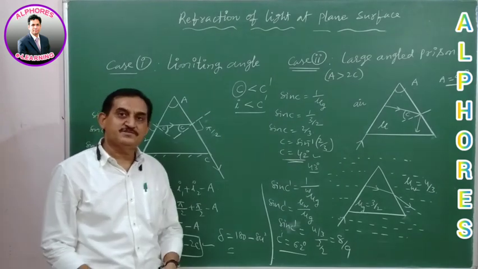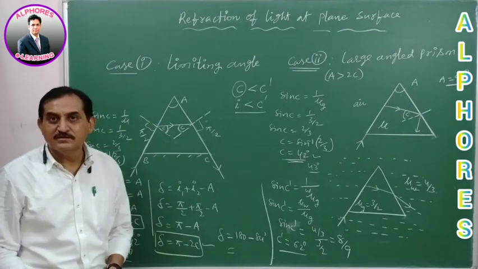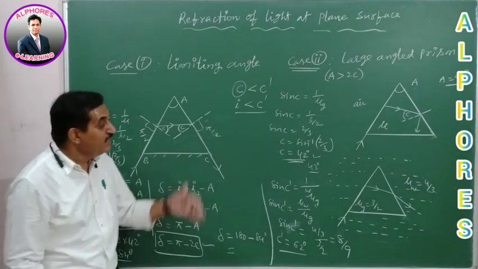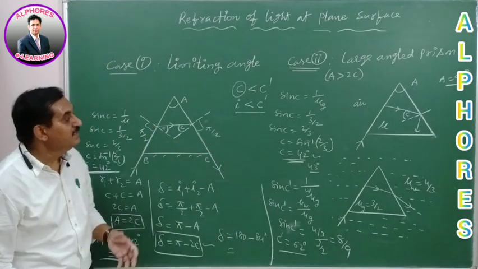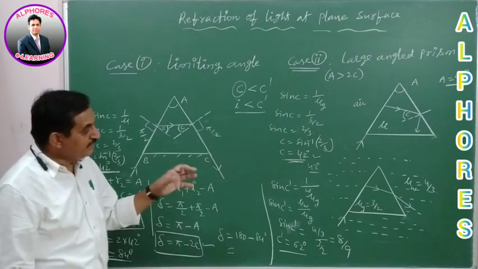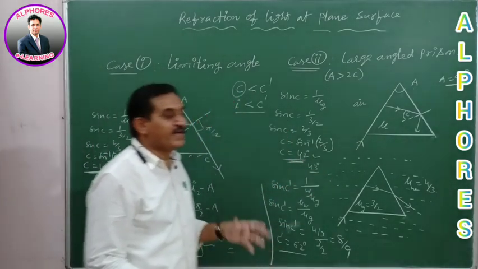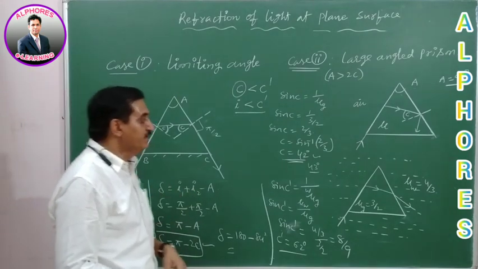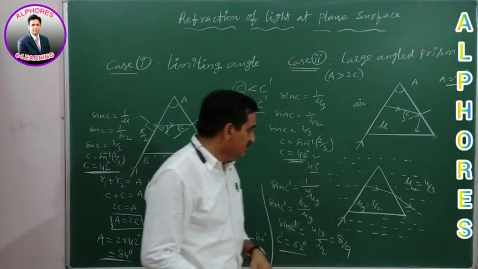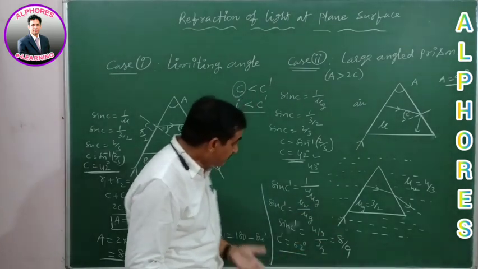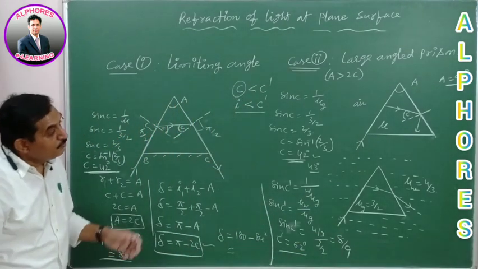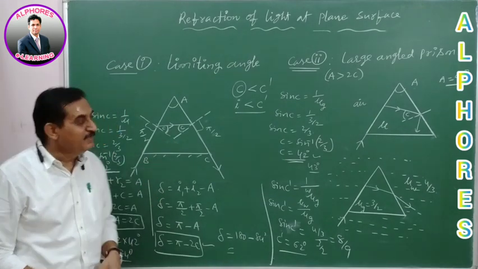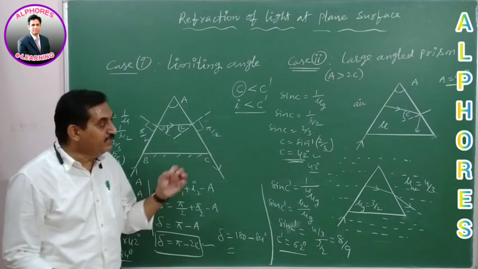No TIR takes place. The result is it undergoes refraction through the second refracting surface. Therefore, the large angled prism acts as an ordinary prism whenever it is submerged in water or any liquid, because the refractive index of the material medium with respect to the liquid decreases, thereby the critical angle increases. So why does this large angled prism, which acts as a good reflector, even then act as an ordinary prism?